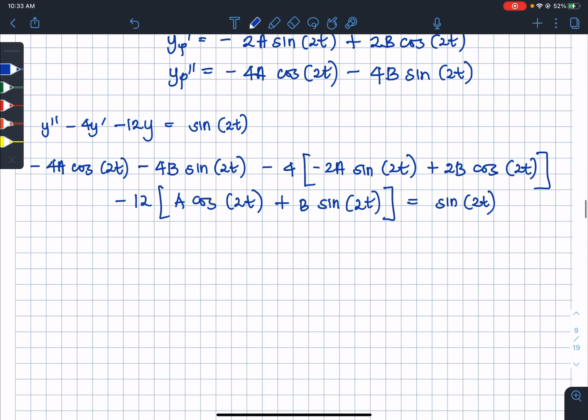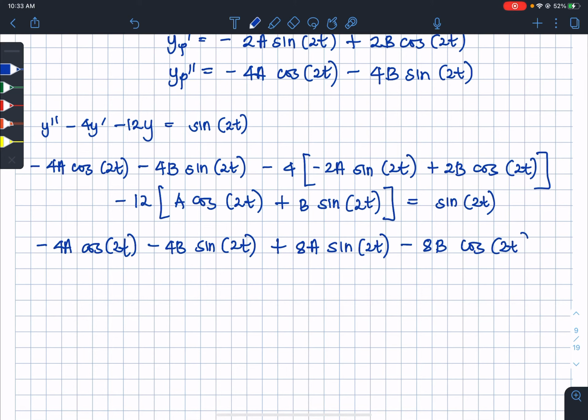And then we'll simplify. Negative 4a cosine 2t minus 4b sine 2t, then plus 8a sine 2t, and then minus 8b cosine 2t.